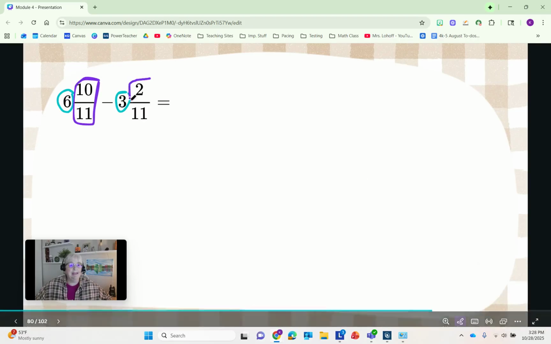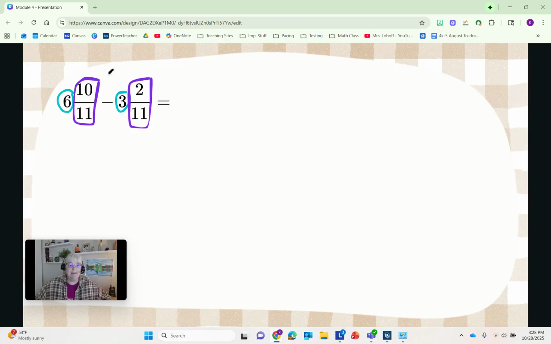We begin by subtracting the fraction parts, just in case we need to rename that first fraction to get more fraction parts and create an improper fraction. If we need to do that, we'll have to do that first. So we start with the fraction part.